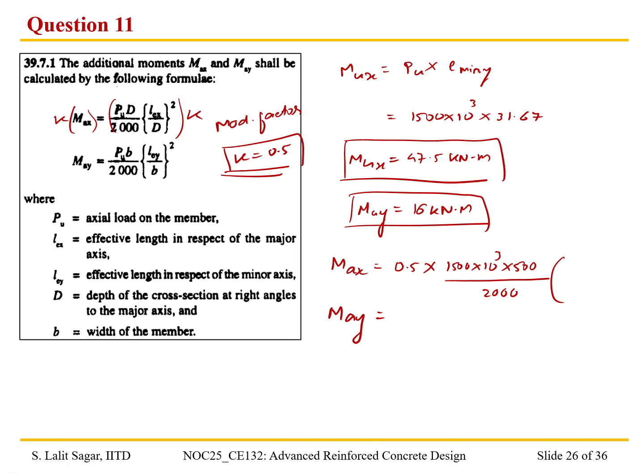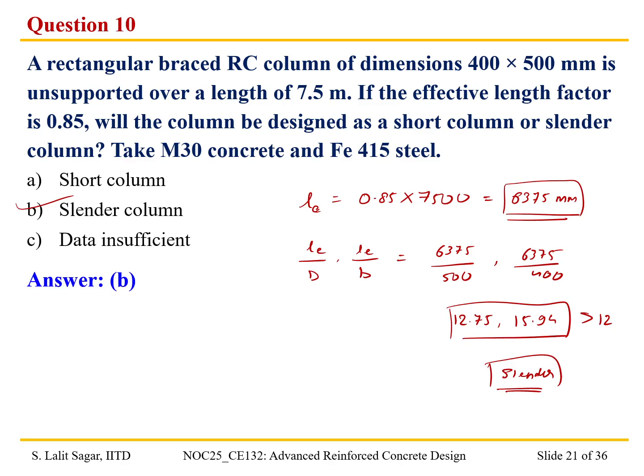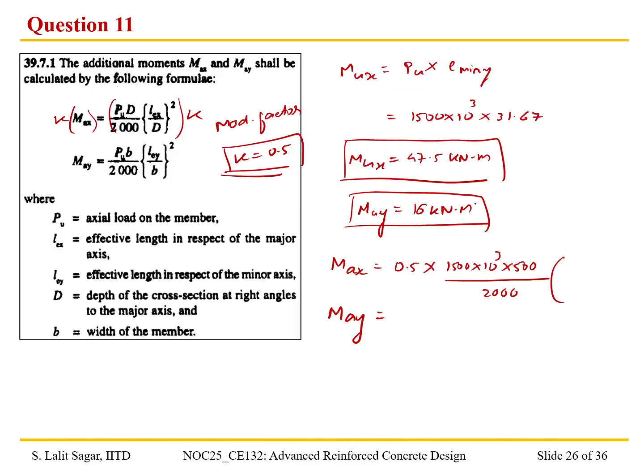Lex by D is given by 12.75, and the other is 15.94 square.